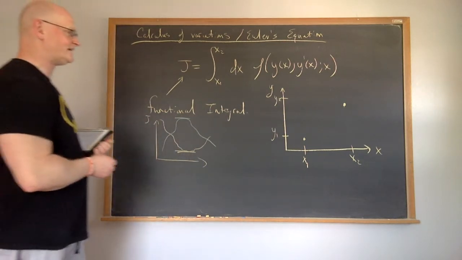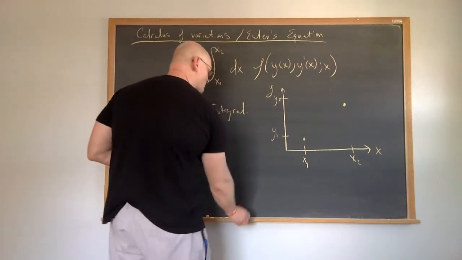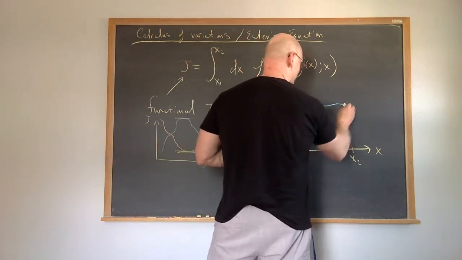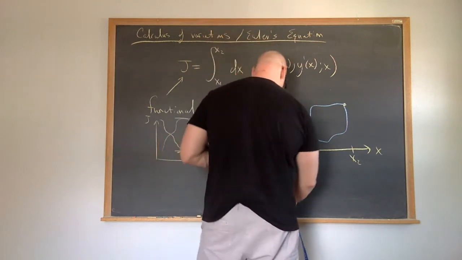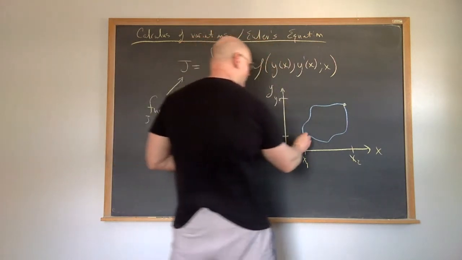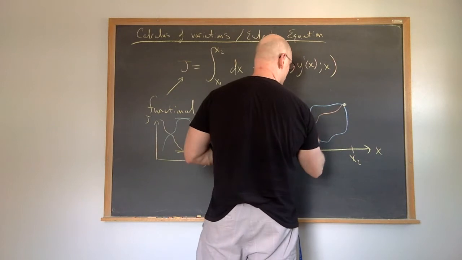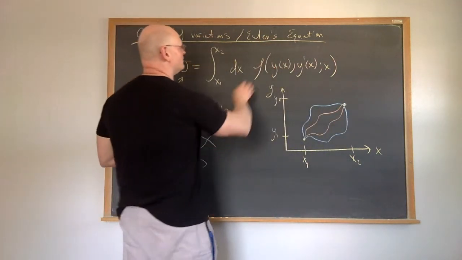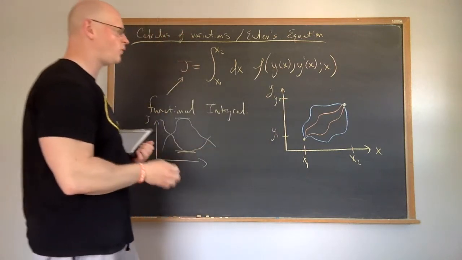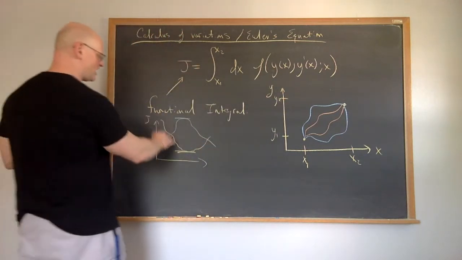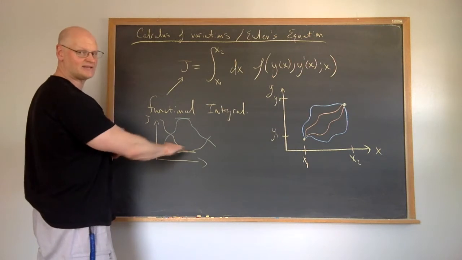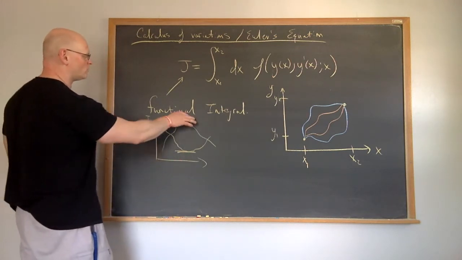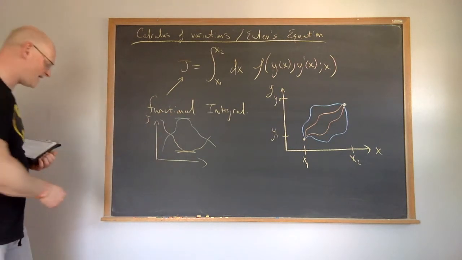So basically, the idea is we want to start considering different paths which connect these 2 points together. So let's say this is one path, this is another path. Then I might look at this path, possibly this path. So we're going to vary all of the different paths of y until we find the one which extremizes J, either this way, making it a local or at least a global minimum, or this way, which is then a local or global maximum.